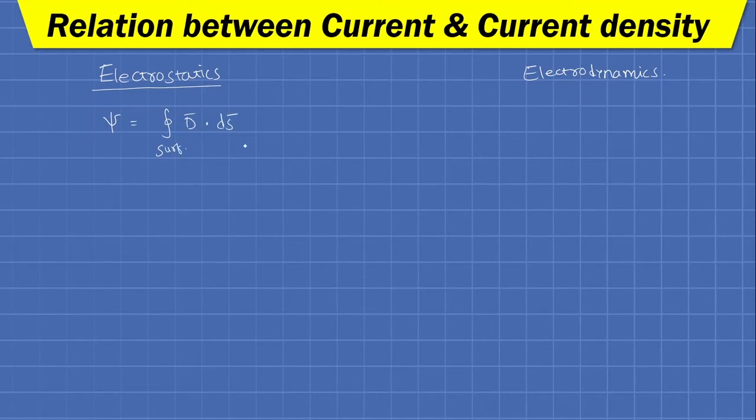This is nothing but Gauss's law, if you remember this. The same analogy we have seen in the very first concept of electrodynamics, that current I equals closed surface integration of J bar, that is current density in this case, dot ds bar. So this is how we can relate the study of electrostatics and electrodynamics.